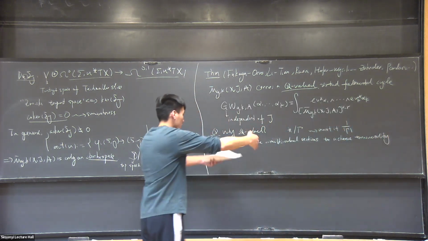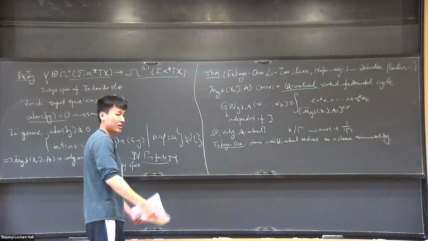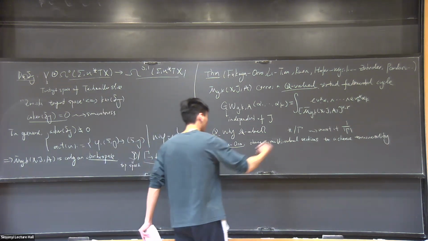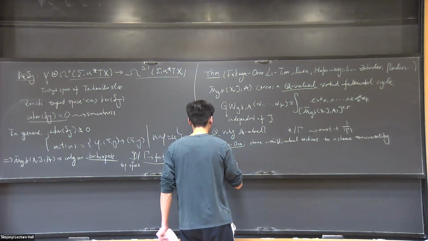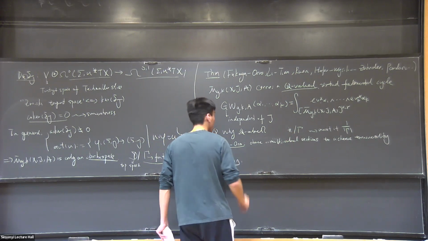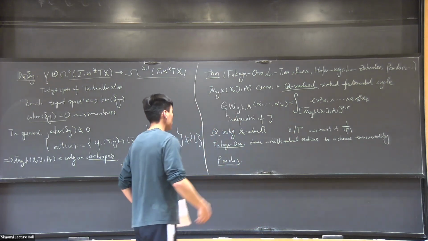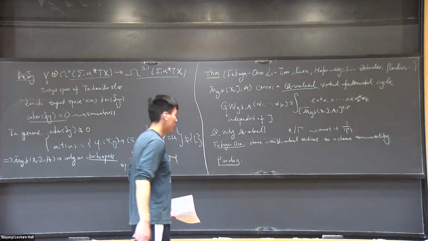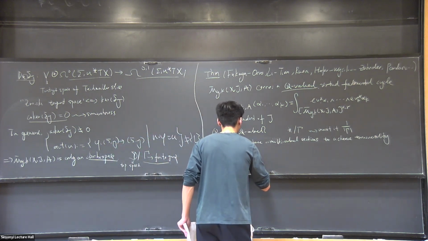And because it's multi-valued, in the end you need to divide out by this multi-valuedness, so Q value shows up. And in the work of Pardon, we have Q because, for orbifolds which are oriented, Poincaré duality only holds over Q.